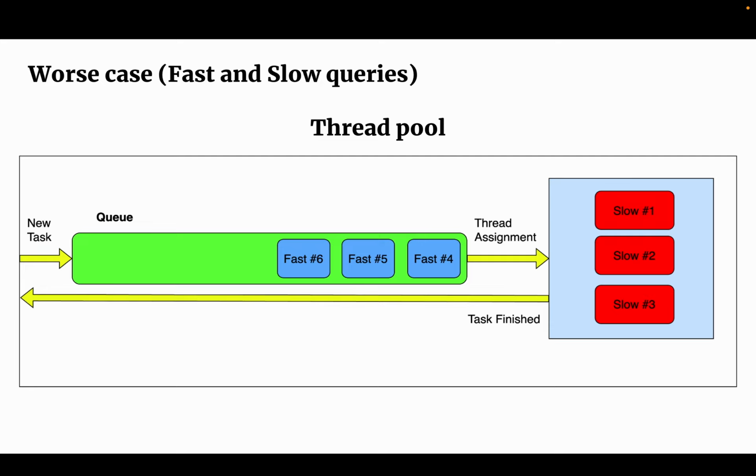As a result, the fast tasks accumulate in the queue and have to wait until a thread becomes available to process them. This highlights a potential bottleneck in the system when slow tasks block fast task processing, leading to delay.